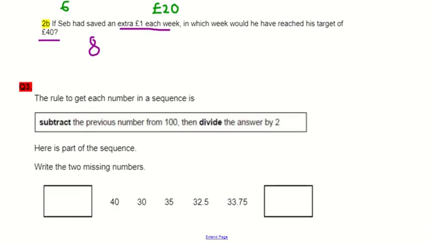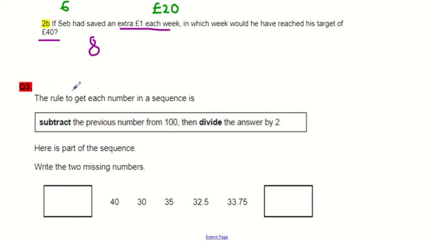Okay, let's go on to question number 3, which was one that definitely had me thinking this morning. So I hope you enjoyed the challenge of this one, year 6. So we've got a rule here to follow to be able to answer this number sequence and to find the missing numbers. So let's just have a little look at what we know, what we can see.